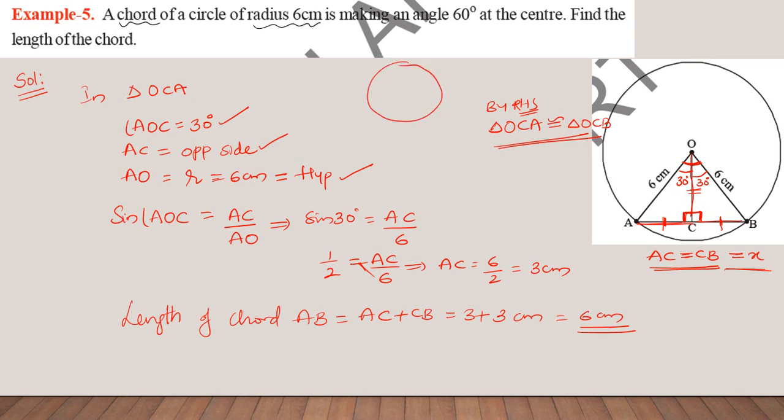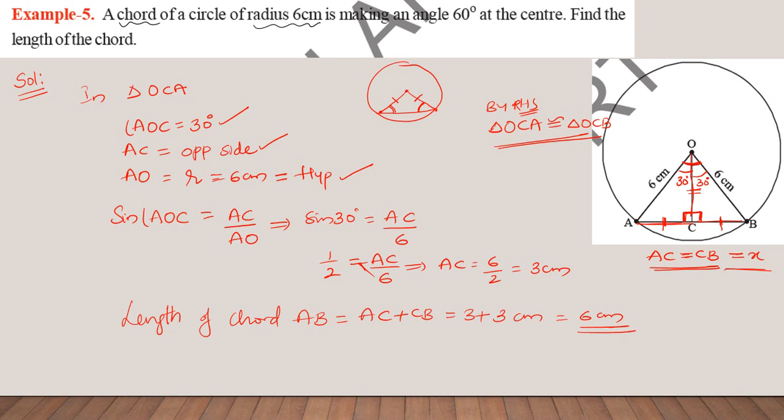If you observe this, this is a circle and this is my chord. From the center, when you draw two line segments to the end points of the chord, we know that these two are radii. So my triangle is an isosceles triangle, and the base angles are equal.